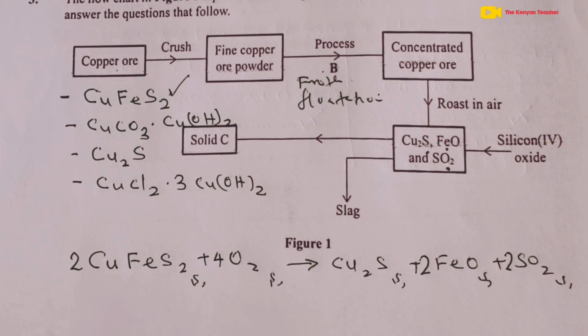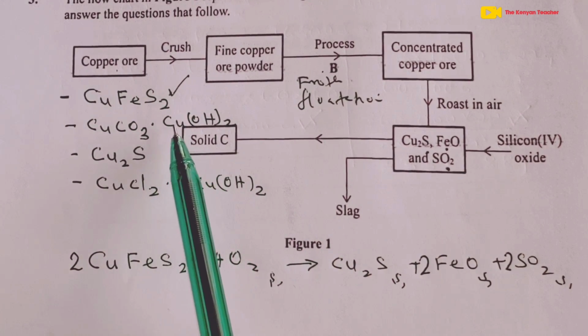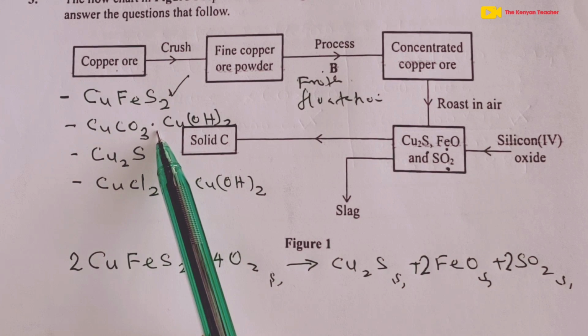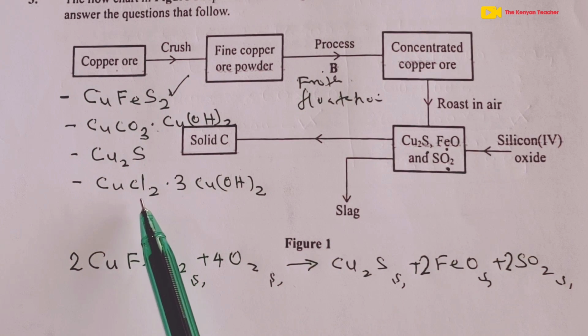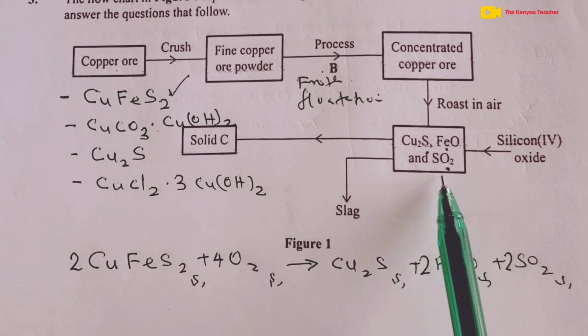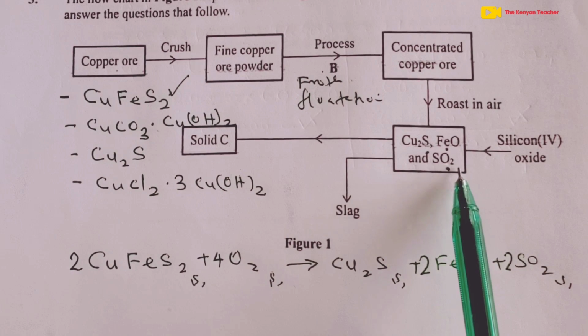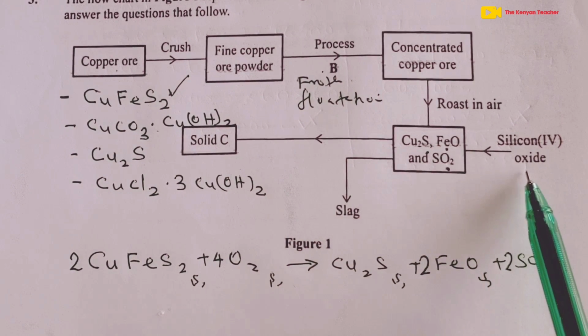So from here, we realize that the copper ore that was used here wasn't malachite, it wasn't chalcocite, and it wasn't atacamite. It was actually copper pyrites. So once we have roasted our ore in air, we introduce silicon 4 oxide.